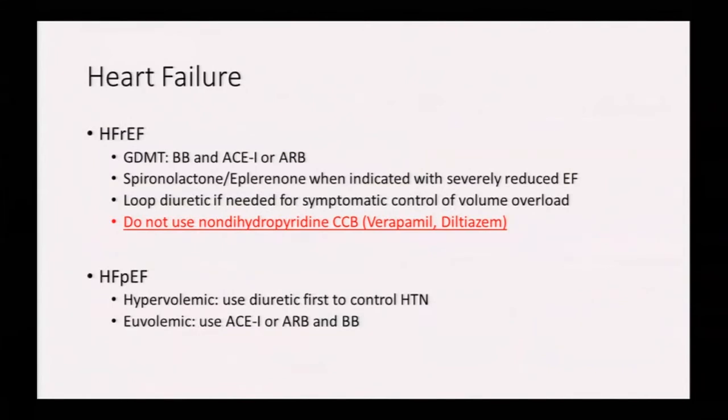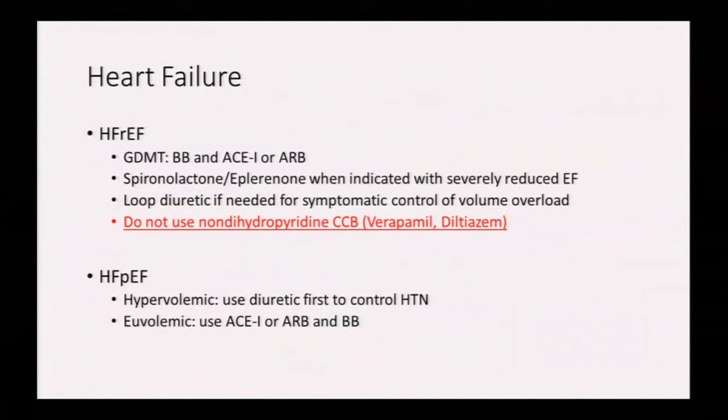We can use loop diuretics if they have volume overload and we need a more symptomatic control along with hypertension control. And one important point here to mention again is do not use non-dihydropyridine calcium channel blockers like verapamil and diltiazem with people with reduced ejection fraction, and that's because we could worsen their cardiac function.